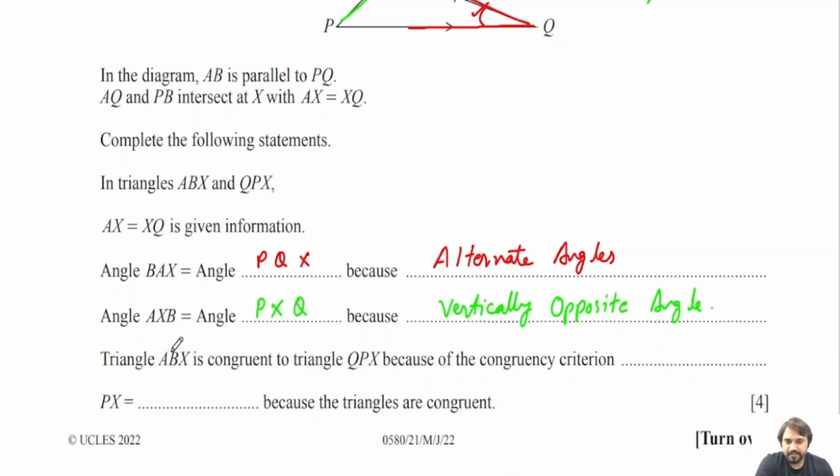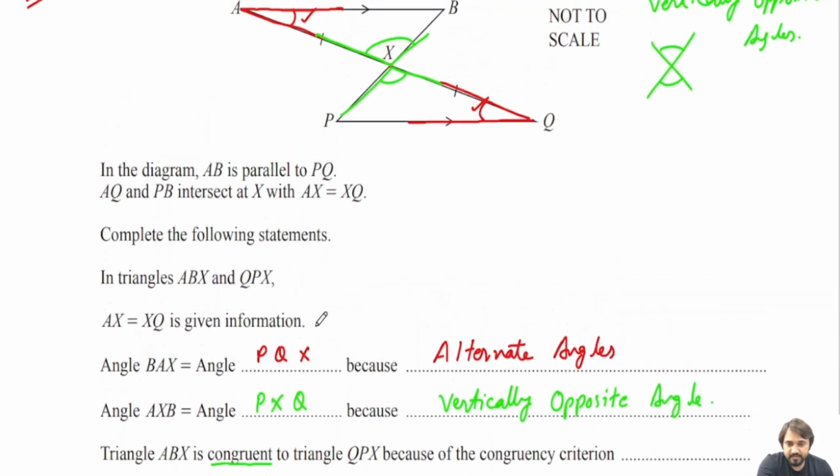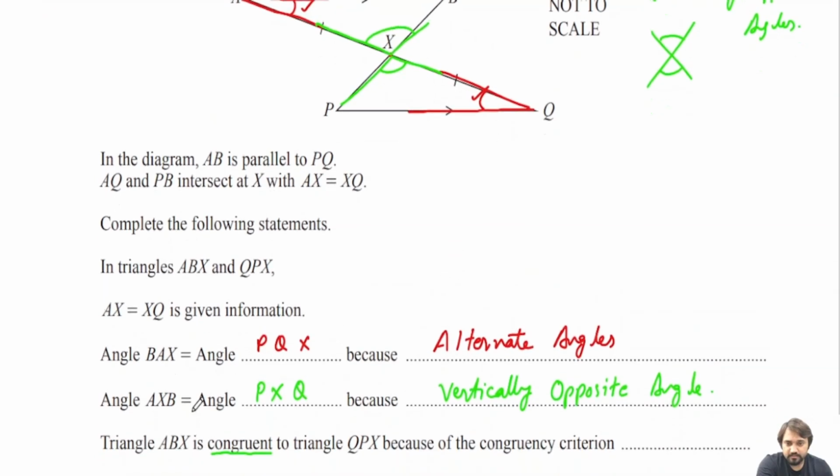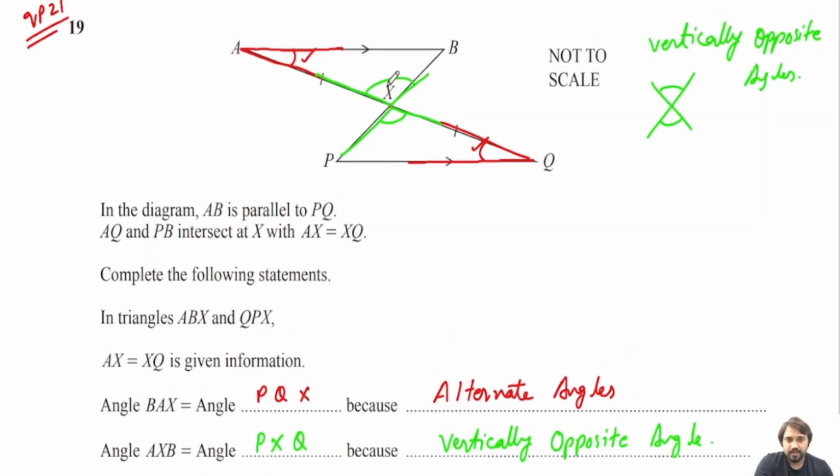Now next is triangle ABX is congruent to triangle QPX because of the congruency criterion. Congruent means same. It says triangle ABX is equal to triangle QPX. The upper triangle ABX is equal to the lower triangle PQX. Why?